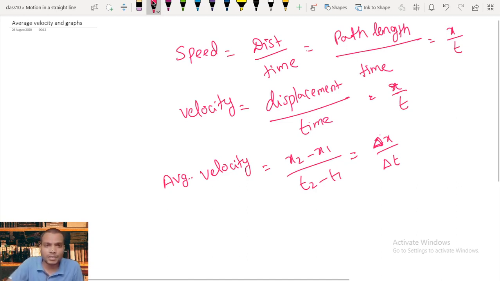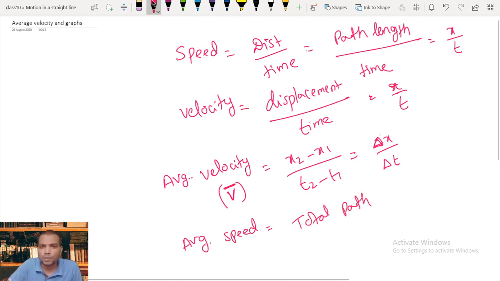We represent average velocity as v with a bar on top. Whatever quantity has the line drawn on top gives us the average. So what about the average speed? Average speed equals total path length upon total time.